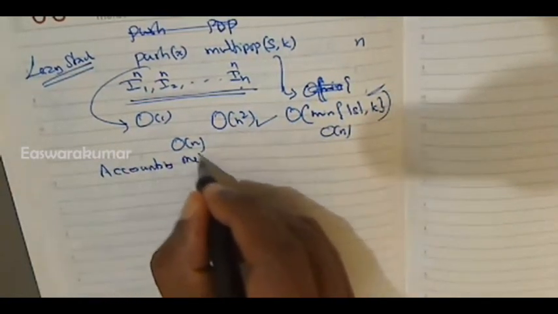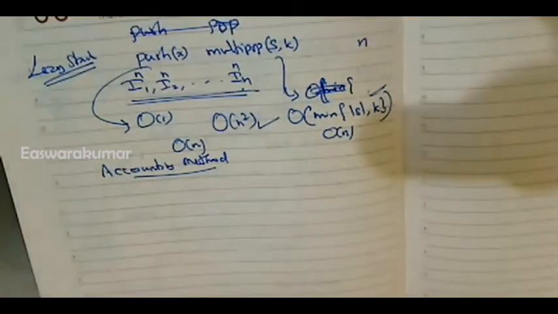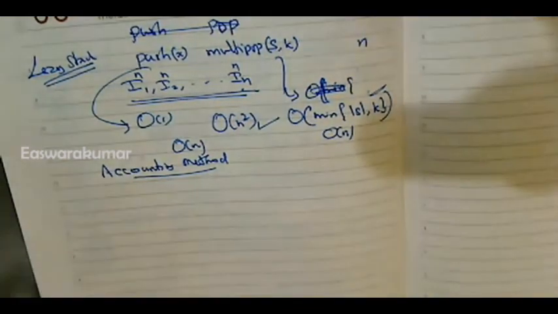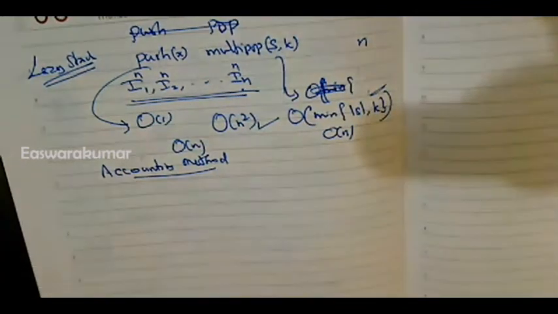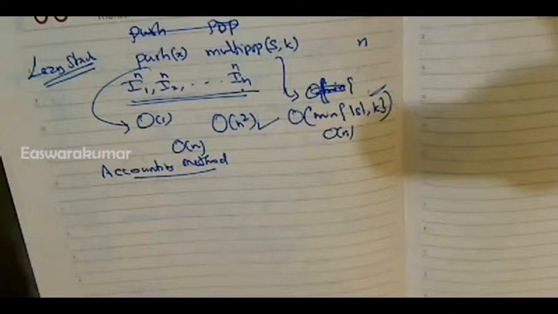The accounting method is something like a bank transaction. Suppose you are working in a company and you are getting 10,000 rupees as salary. Anyway, it's less for you, but don't worry, this is only an example. You got the salary for this month, so 10,000 in your hand.